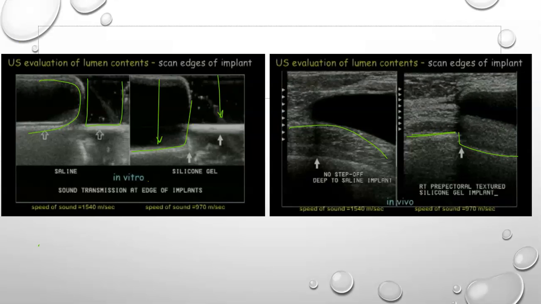Well, actually I think it steps up. There we go. So it steps up a little bit. Well, no, this is saying 970 meters per second, so it would be dropping down, and then I guess this is reverberation or hazing.